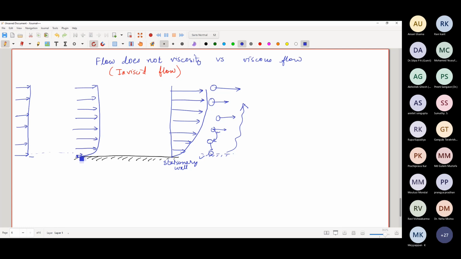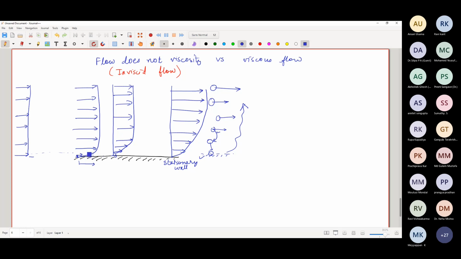Now that this velocity has reduced, at the next axial location the molecules will see that this is at a lower velocity, so I must readjust my velocity. So the velocity profile will become something like this. Now more layers have been affected by the influence of the wall, but away from the wall it is all constant velocity.